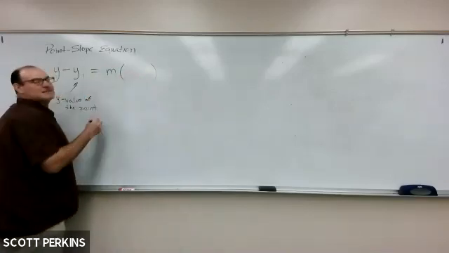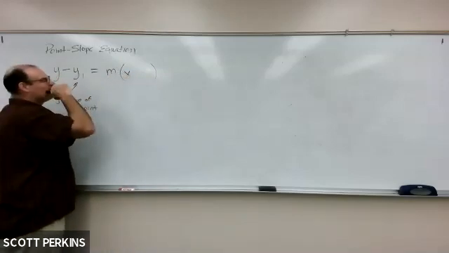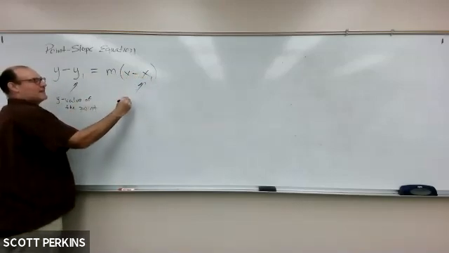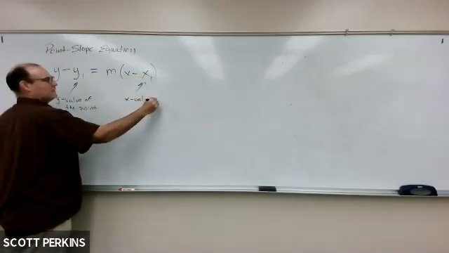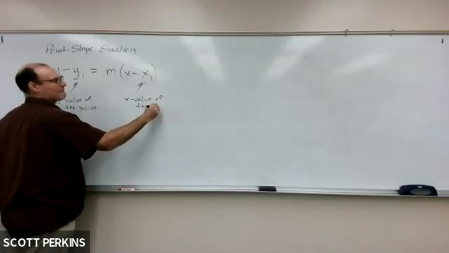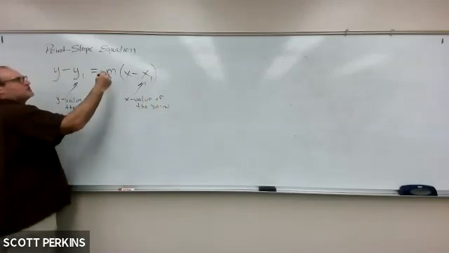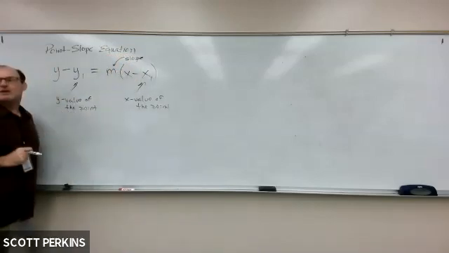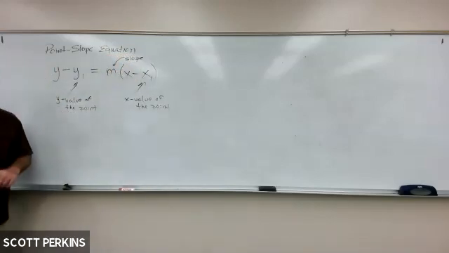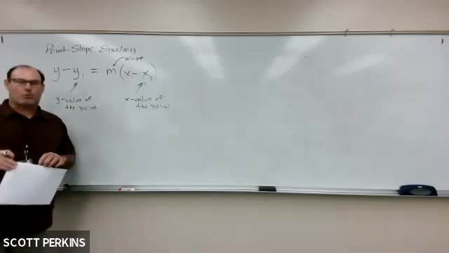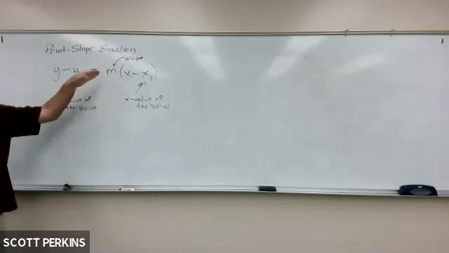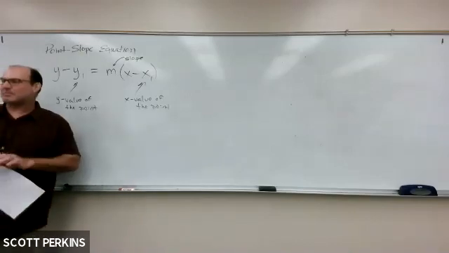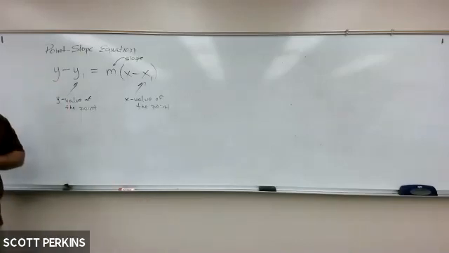And in parentheses, I'm going to have x minus x with a little 1. And the x with a little 1, that's the x value of the point. I'll also label the slope just in case. I don't want anybody concerned or lost about where the different information goes. Just like with the slope-intercept form, y equals mx plus b, m always stands for the slope. Well, unless you're in physics, then it's the mass, but this isn't physics class, m is the slope.